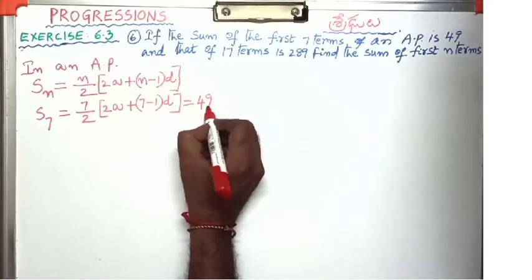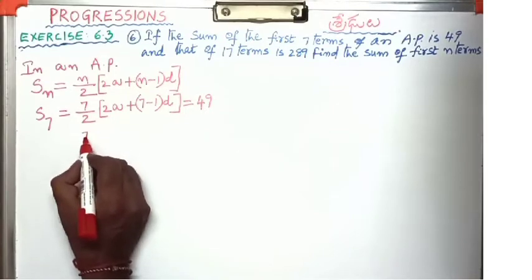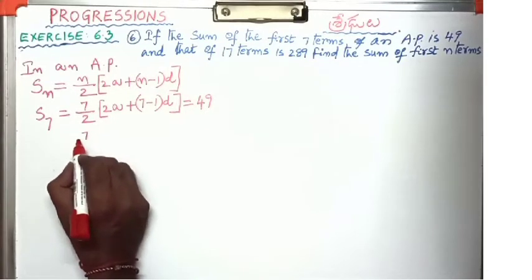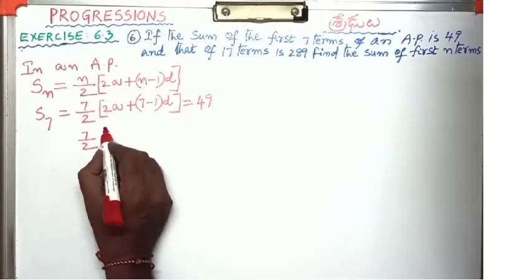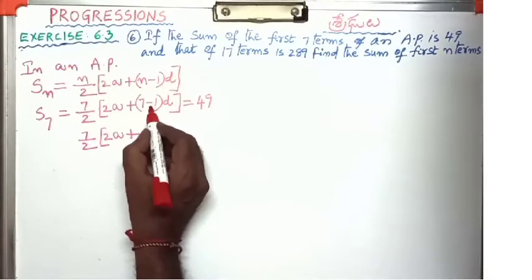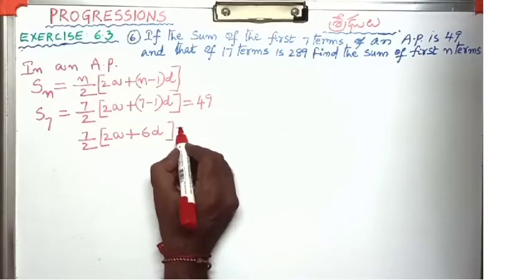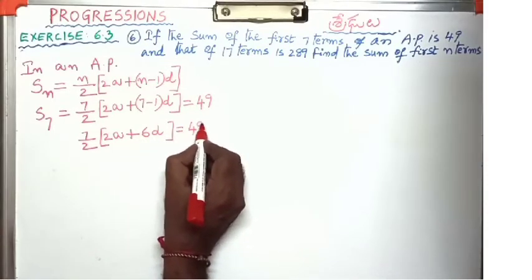Okay, now please do the simplification. So 7 by 2 into 2a plus 7 minus 1 అంటే 6 కదా, 6d is equal to 49.